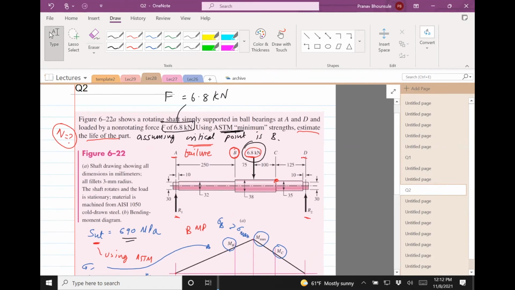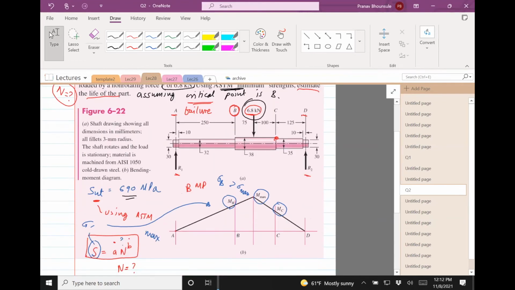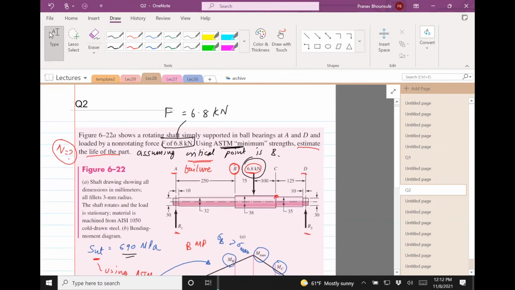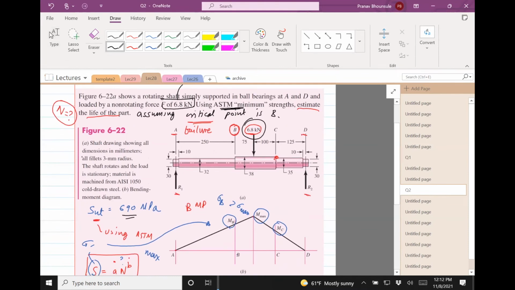Is there any clue of the finish? Not really. I think it says cold drawn in the caption. Okay, cold drawn. Good catch. This is what we're looking for.